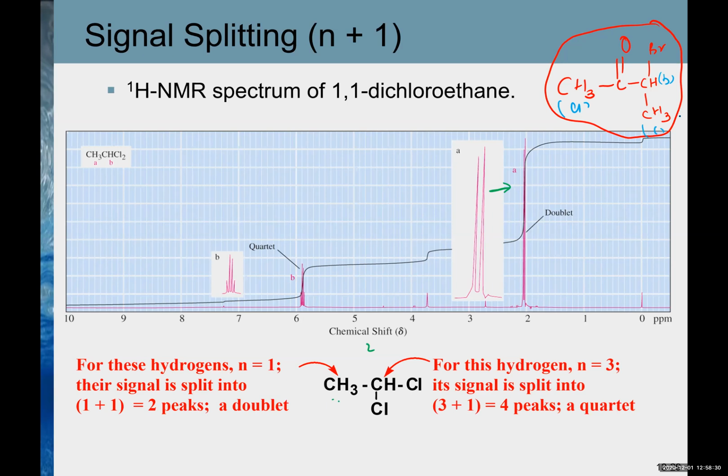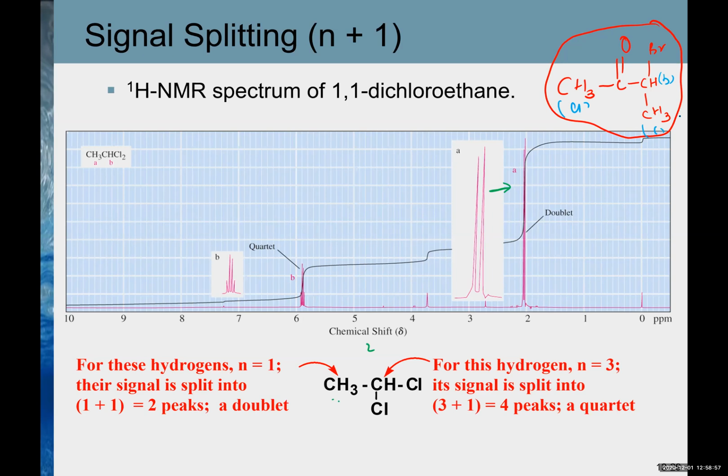So signal from group number A, which you can see on the screen, what will be the multiplicity of that signal? Or in other words, how many peaks will this signal split into? Just one peak. That is correct. Just one peak, because in the neighborhood, there are no hydrogens, right? How about B?